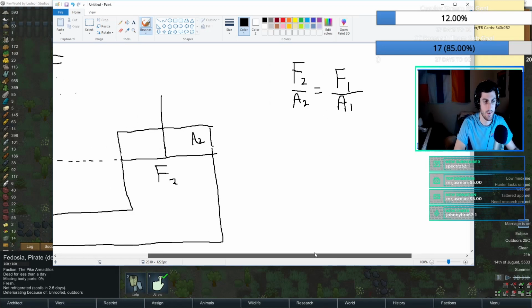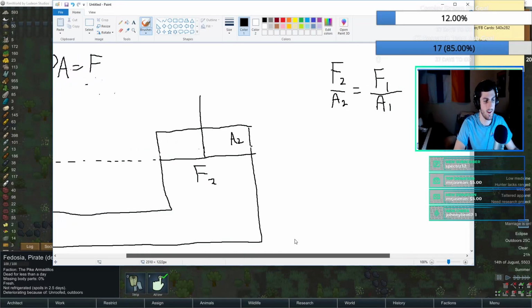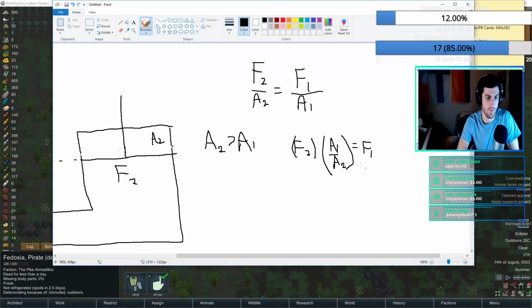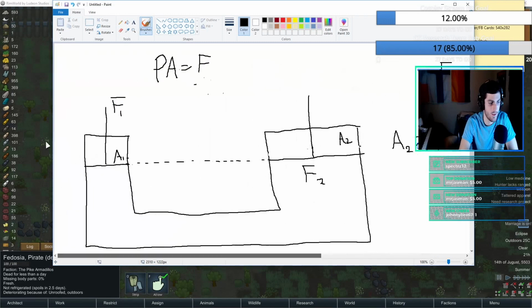Okay? So what does this mean? Let's say that A2, as shown in the drawing, is greater than A1. Okay? So what we'll see is that if A2 is greater than A1, the force on the larger face is greater than the force on this face.